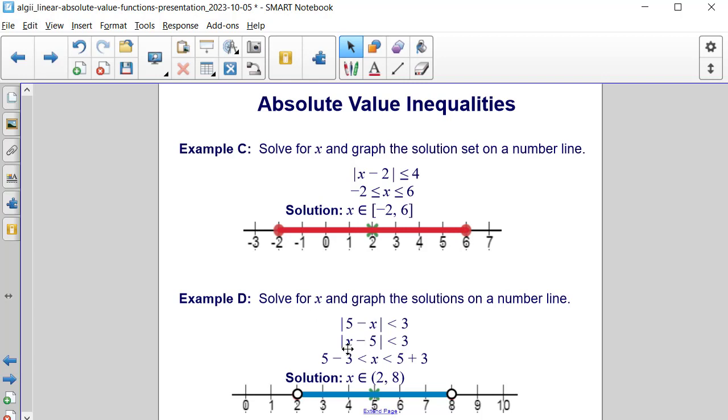And similarly, because we switched around the x and the 5 in the subtraction, because absolute value allows us to do that, again, it only works in absolute value, our center point is 5, and the distance from our center point to each endpoint is 3 units. And we shaded in between because it was a less than sign. So we have our solution, x is contained in the open interval from 2 to 8 for this problem.